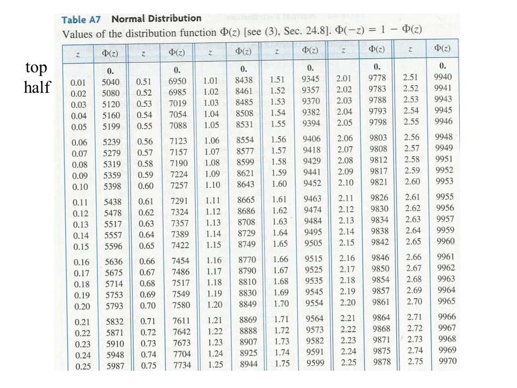But because we wanted a negative 2.17, we would take 1 minus 0.9850, or 0.0150 would be our answer. 0.0150 would be our result for the capital phi of minus 2.17.